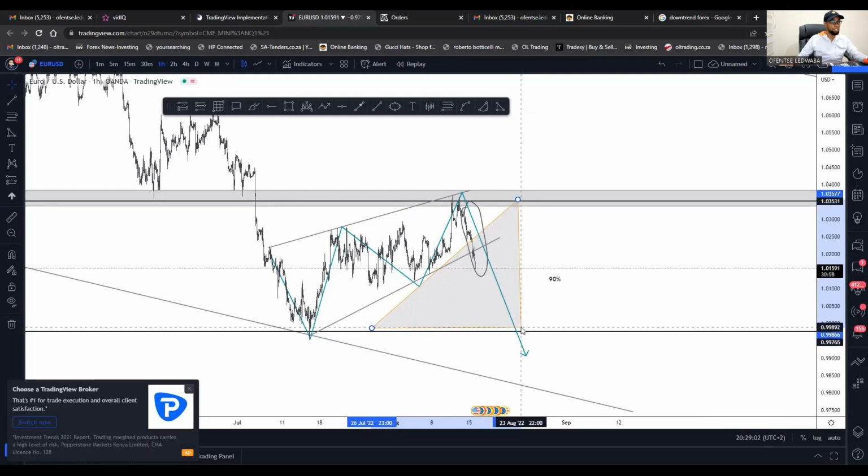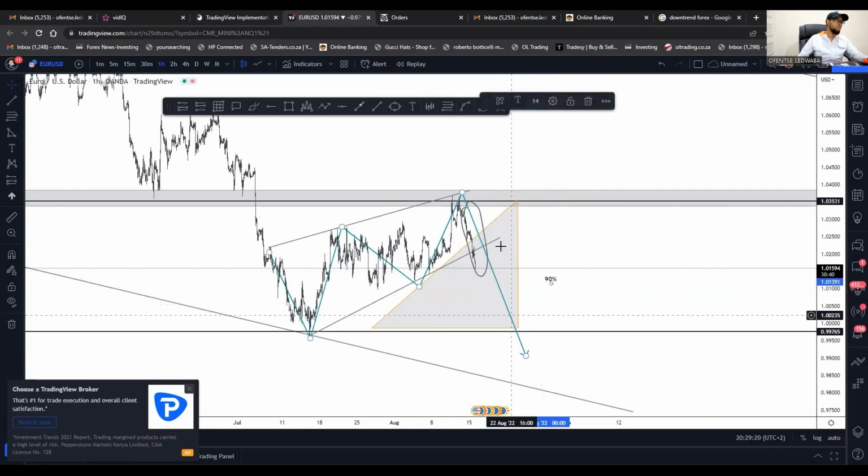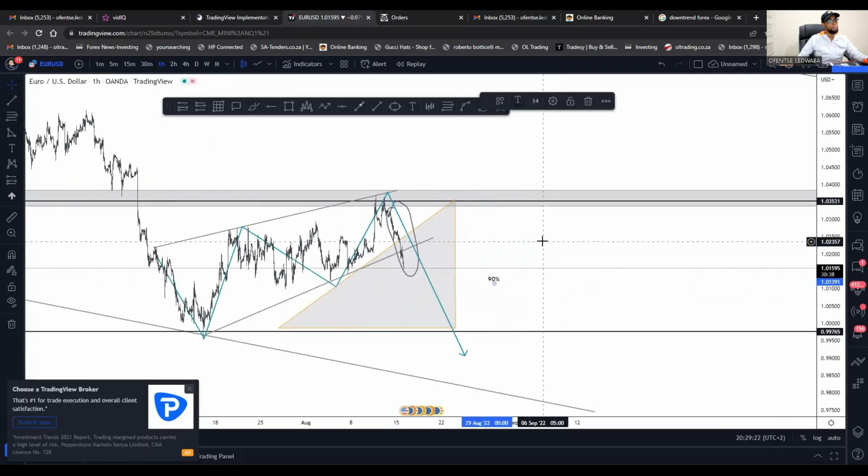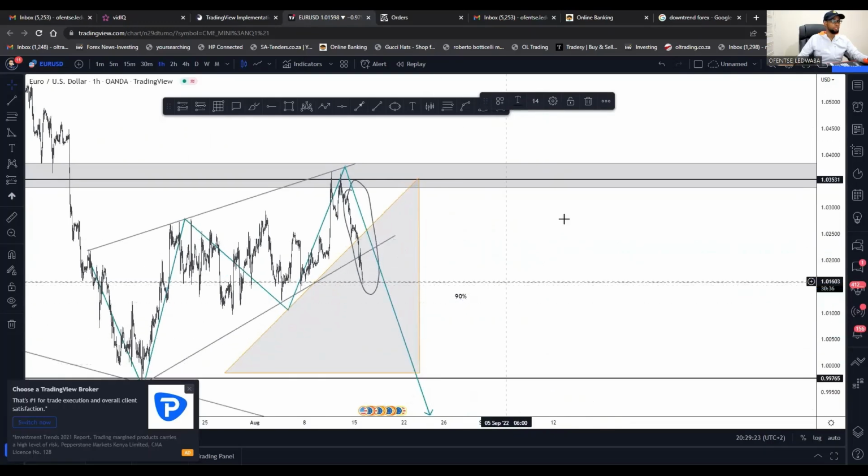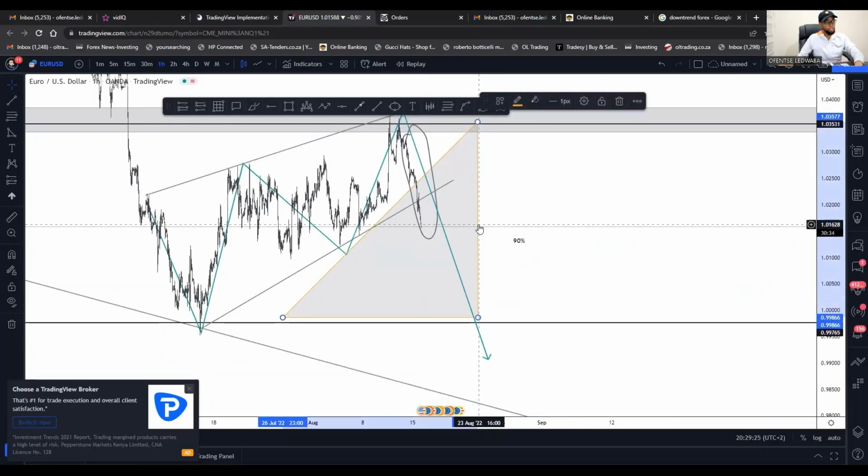Yes. This one. Are you 90? Not yet. Okay. Yes, this is my 90 degrees. We're expecting the market to come here, as we call it the 90% rule or the right angle triangle. So this is what I'm expecting to happen.